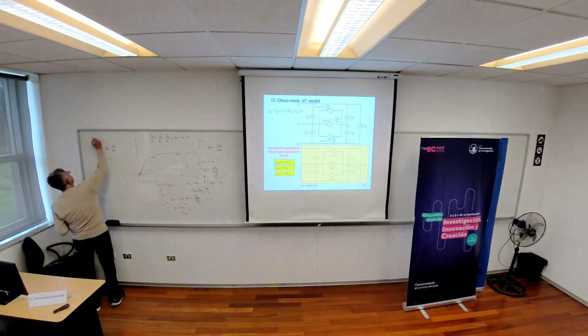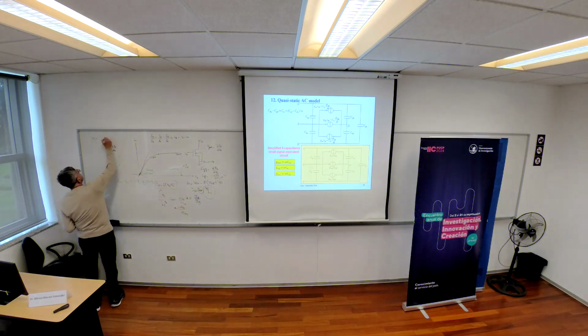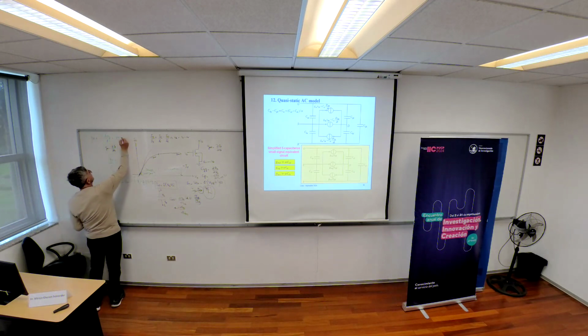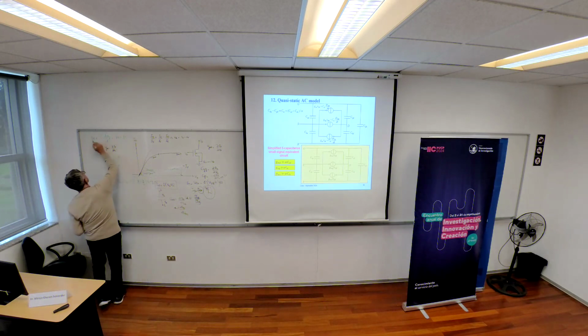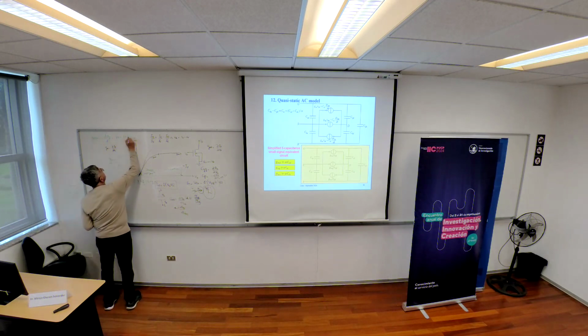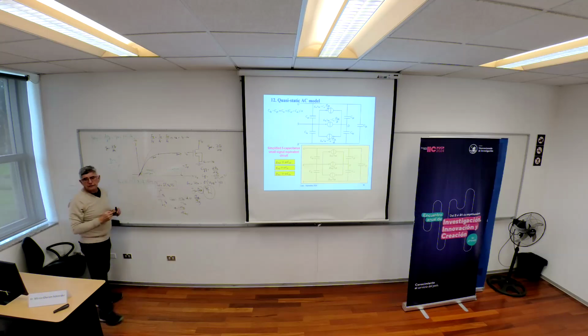Let's take one of those terms, Gm dVG/dt plus C dVG/dt. I can write in the frequency domain this expression: Gm plus jωC times VG.